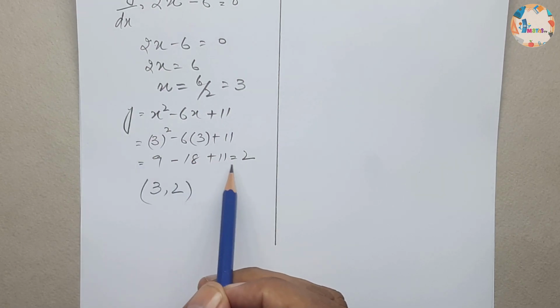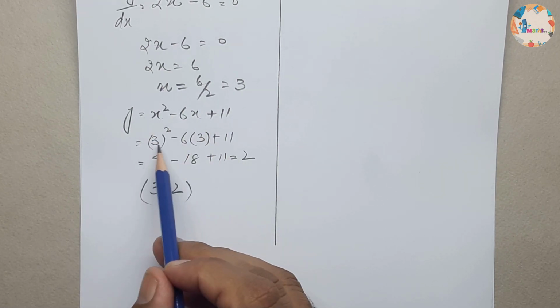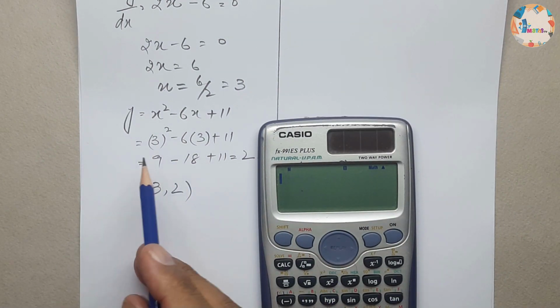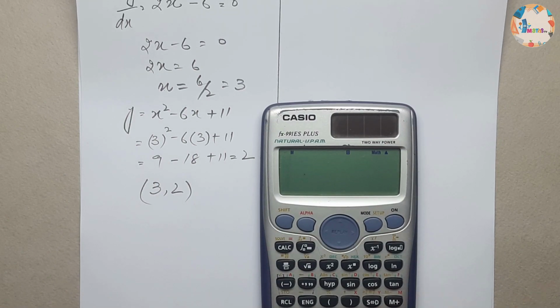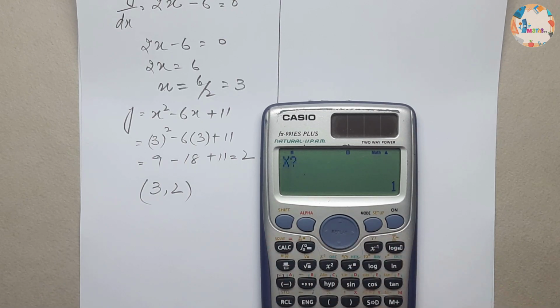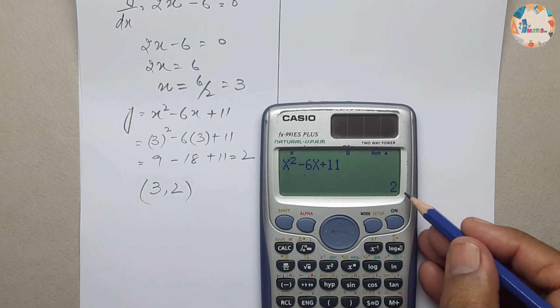This value 2 we found manually, but we can also use the calculator to solve this. For example, if I type alpha x squared minus 6 alpha x plus 11 and then press calculate for x is equal to 3, if we replace x is equal to 3, we will get this 2.